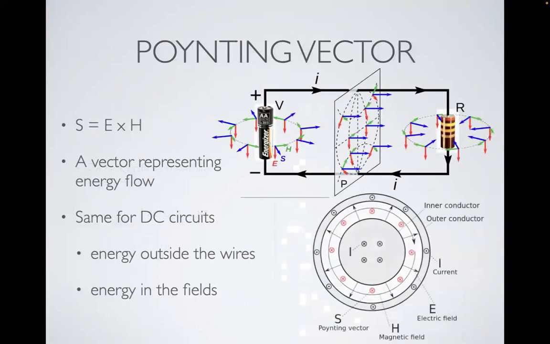Now, I mentioned this earlier, the Poynting vector. This is a really interesting thing. It's E cross H, where E is the electric field and H is the magnetic field. And this represents energy flow. You may think that, for example, if you have a battery and a resistor, the energy is flowing in the wires, right? But it isn't, at least according to this theory. The energy is actually in the fields around them.